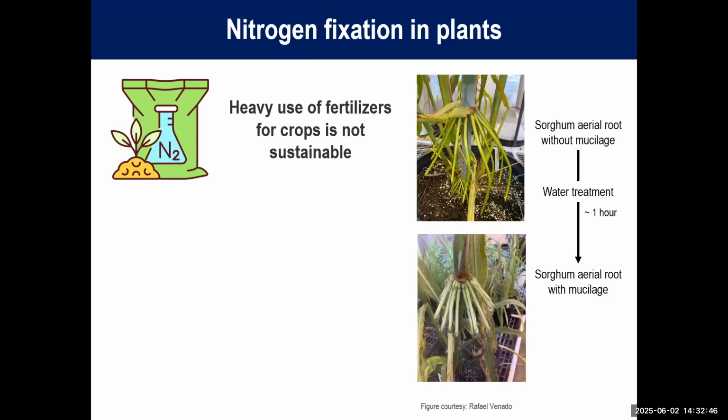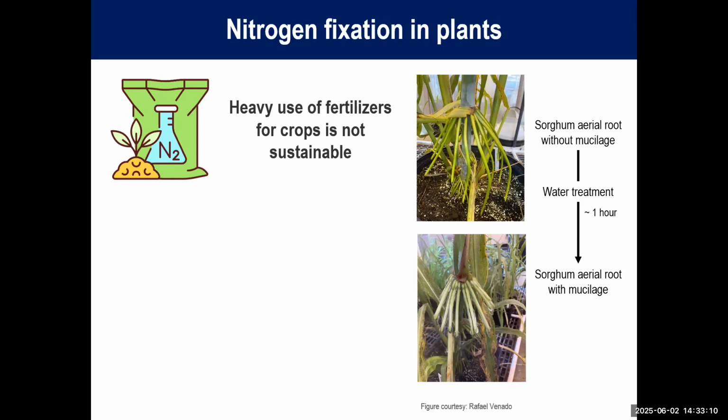Interestingly, two crops, corn and sorghum, have a very interesting property in their aerial roots. When it rains and the aerial roots come in contact with water, the aerial roots excrete something called mucilage.